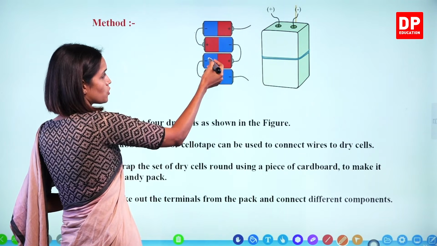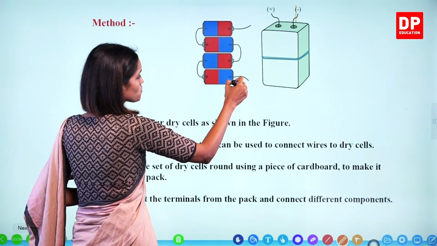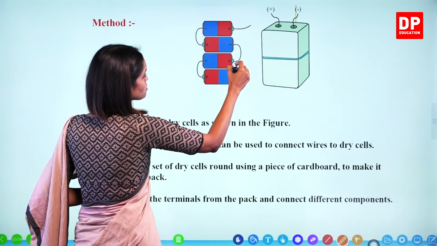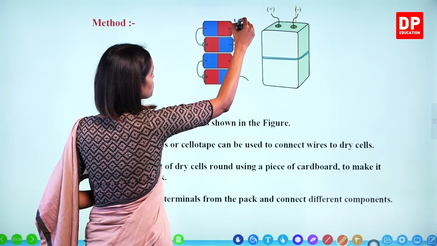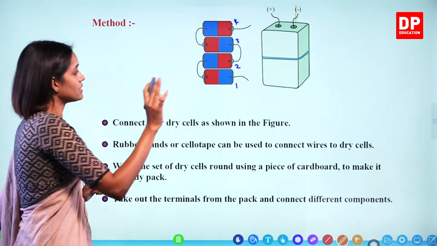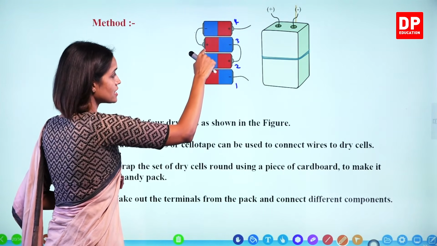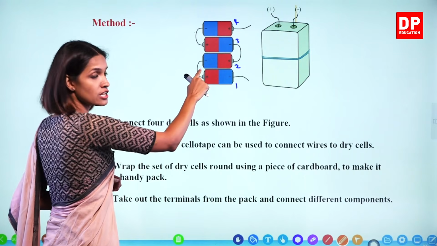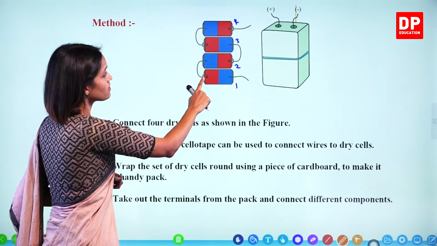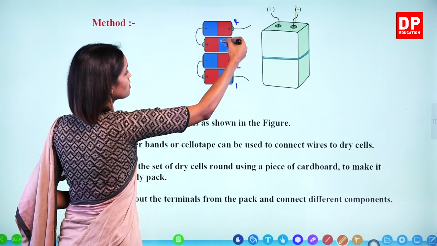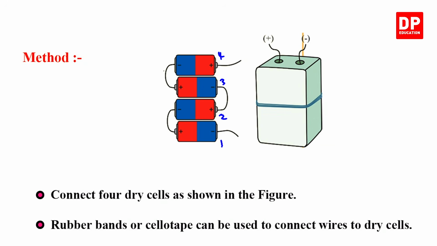And if I label this side cell number 1, 2, 3, 4, it's very clear. The negative terminal of the second cell is connected to the positive terminal of the first cell, right? And the negative terminal of the third cell is connected to the positive terminal of the second cell.